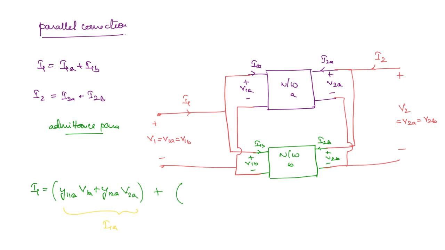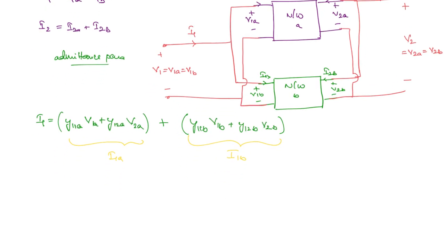Similarly for I1B, what will be there? Y11B, only the subscript A will change to B. So this is Y11B V1B plus Y12B V2B. So this is I1B. Since V1A is equal to V1B, you are going to get the final answer (Y11A plus Y11B) into V1 plus (Y12A plus Y12B) into V2.